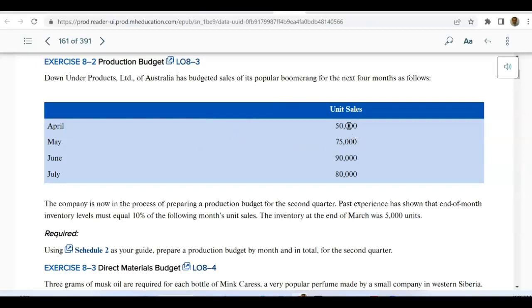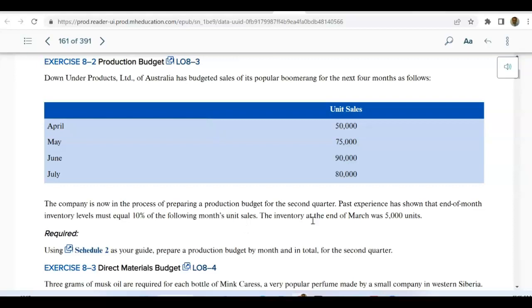April, 50,000 units, May, 75,000 units estimated, June, 90,000 units estimated, and July, 80,000. The company is now in the process of preparing a production budget for the second quarter. January, February, March is the first quarter. April, May, June is the second quarter.